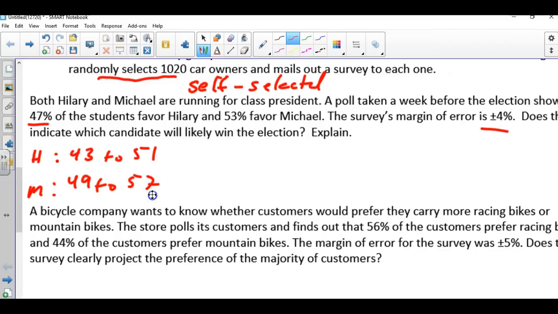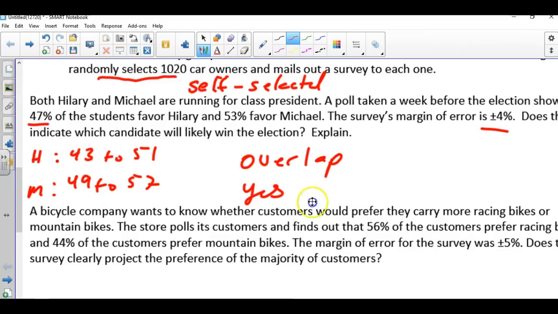Now, the question is, is there any overlap? Yes, there's overlap, because the overlap is 49, 50, and 51. 49 is in between 43 and 51, and 51 is in between 49 and 57.